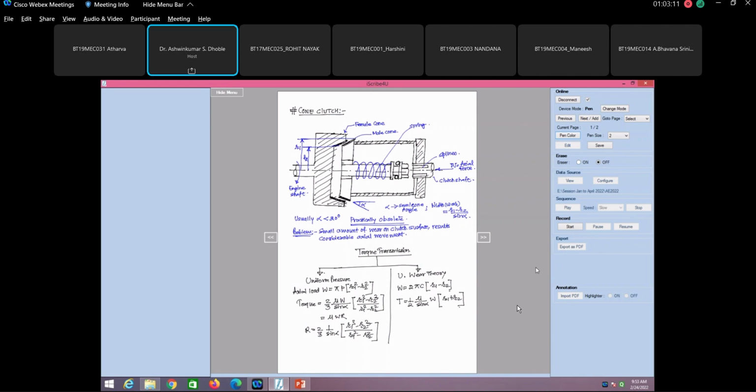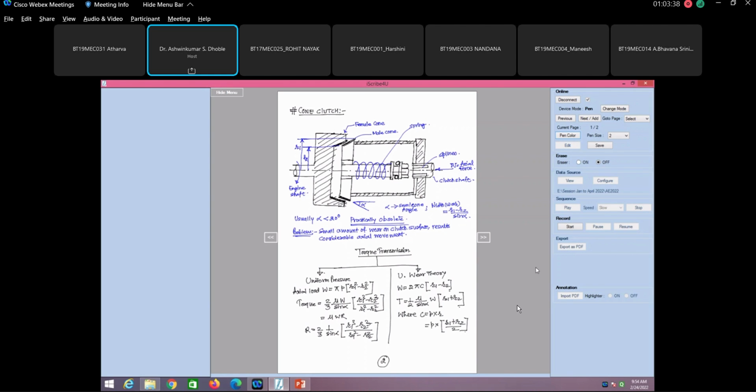Here C is equal to P into R, and this R is given as R1 plus R2 divided by 2. The wedging action increases the effectiveness of the cone clutch so that the normal force on the lining increases. So this is basically the idea of using the cone clutch.